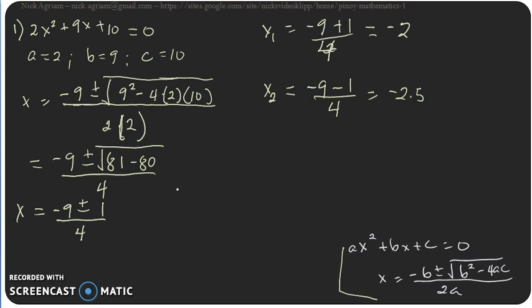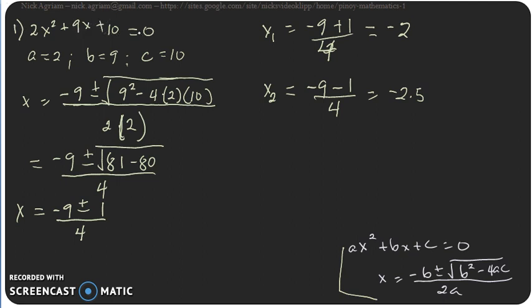You can always check your answer. So if you put negative 2 there, we have 2 squared, that is 4, times 2 is 8. Then 9 times negative 2 is negative 18. So 8 plus negative 18 is negative 10, plus 10 is 0.